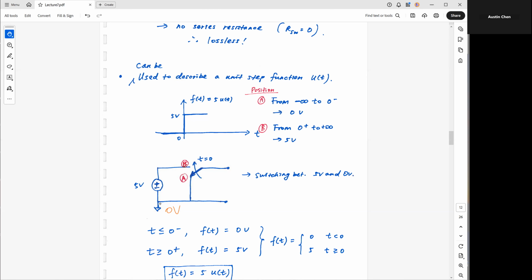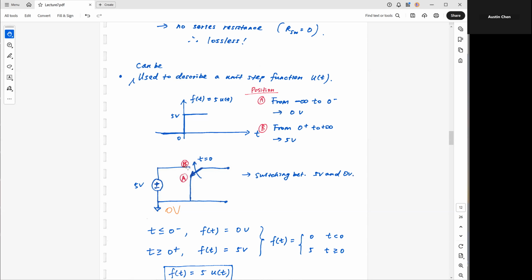So when you're sitting at position A, this voltage here is equal to 0. When t is now equal to 0 plus, the position of the switch goes from point A to point B.